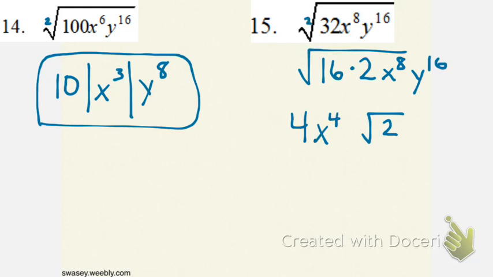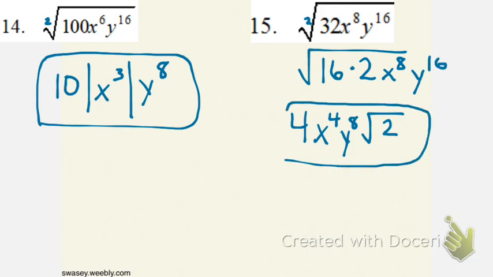So you can think of that as like a 2 going into 8 4 times, no remainder. And then square root of y to the 16th is y to the 8th. Again, you can think of it as 2 going into 16, 8 times, no remainder. If there were a remainder, that part would stay underneath the radical.